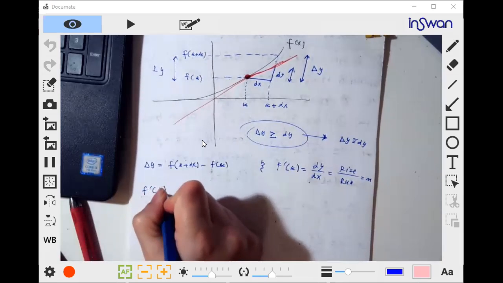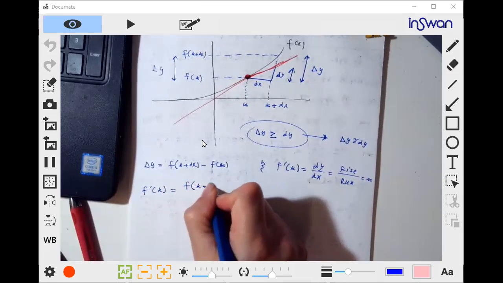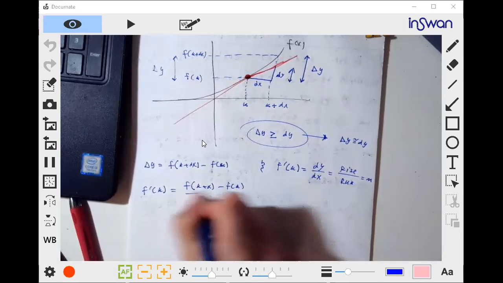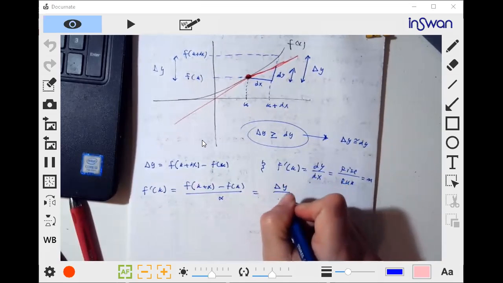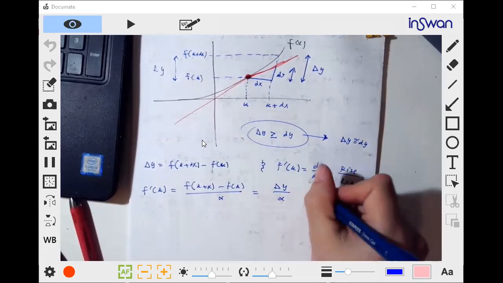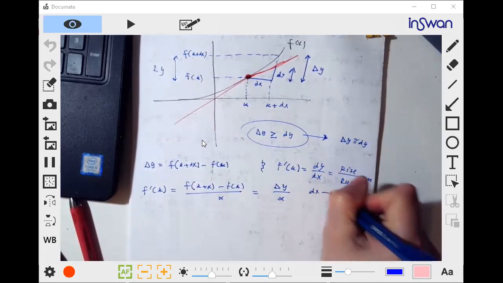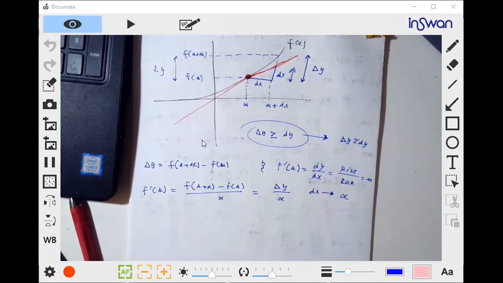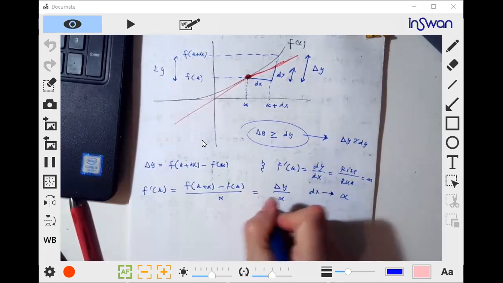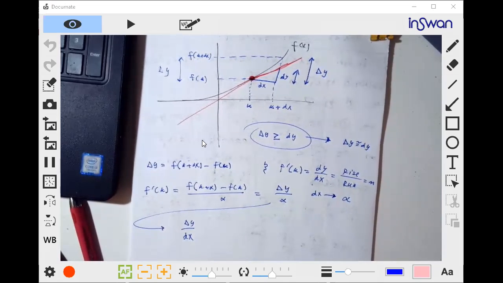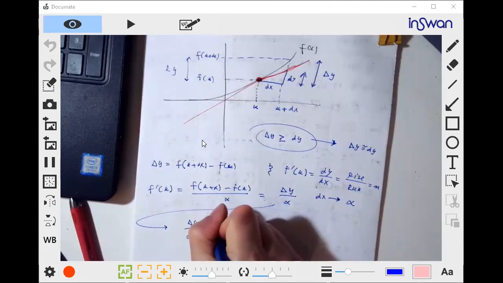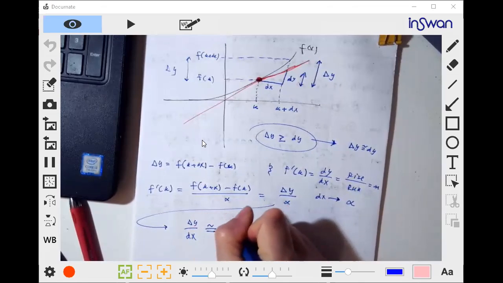So f prime of k, by definition, is f of k plus alpha minus f of k all over alpha. We notice that this ends up equaling delta y over alpha, and dx can infinitely approach an infinitesimal value. As that happens, we get delta y over dx, but by local linearity we get this.